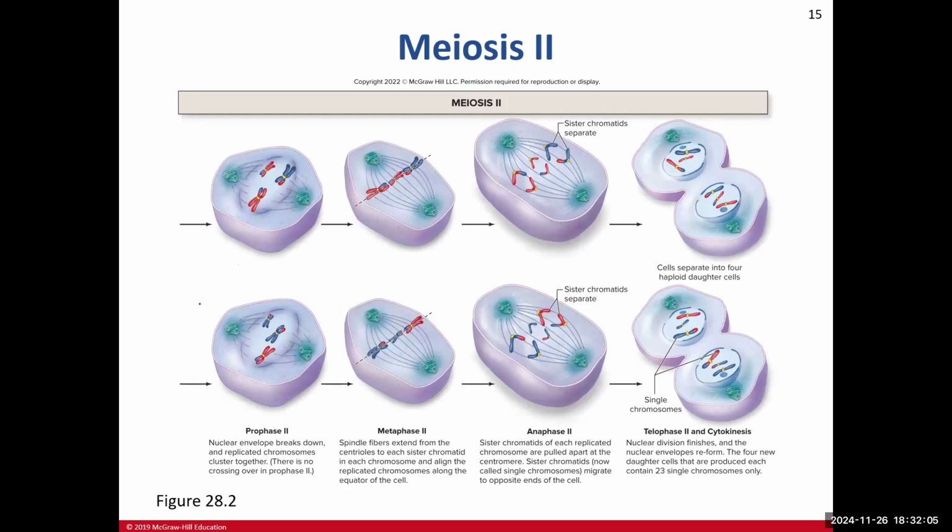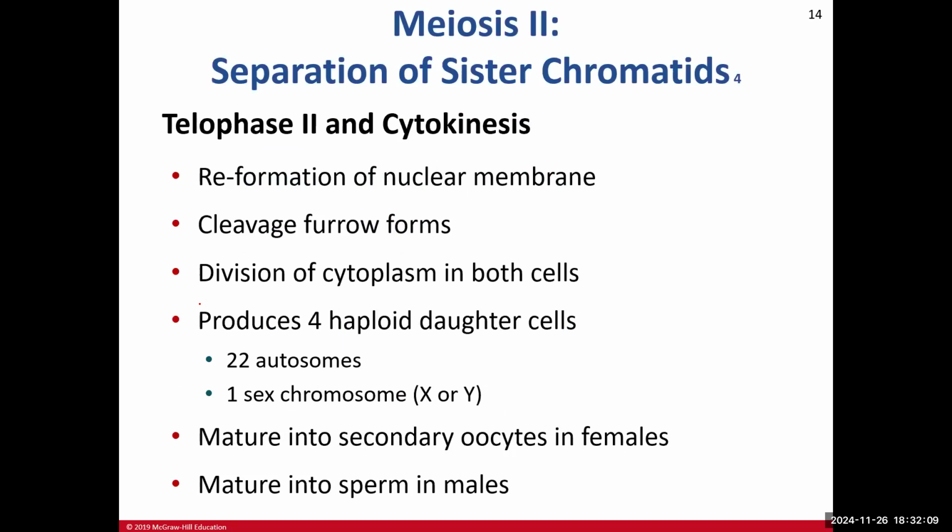And then the last part, telophase 2, we're going to package everything back up, okay? And then we're going to refill the cells with more cytoplasm, with any cellular organelles that have diminished. And at the end result of this whole process of meiosis 1 and meiosis 2, we're going to wind up with 4 haploid cells, meaning 23 chromosomes.